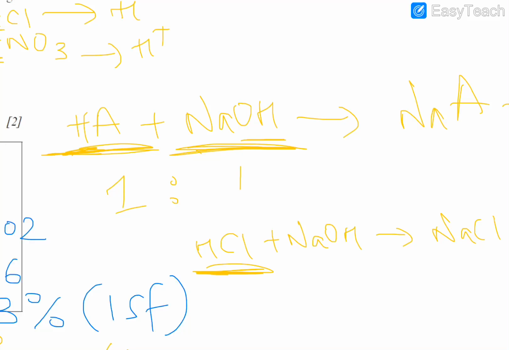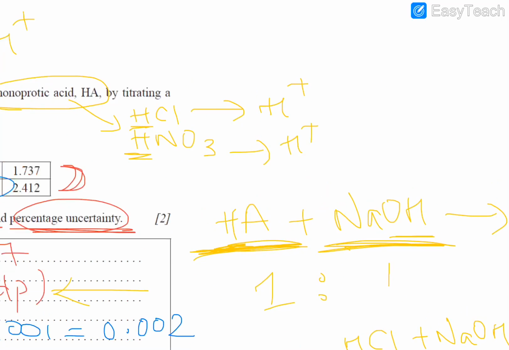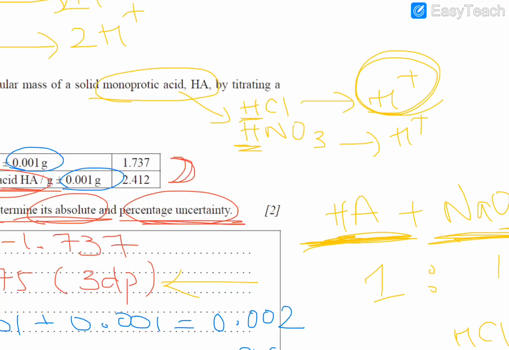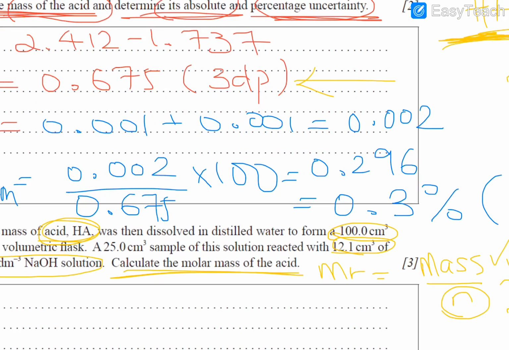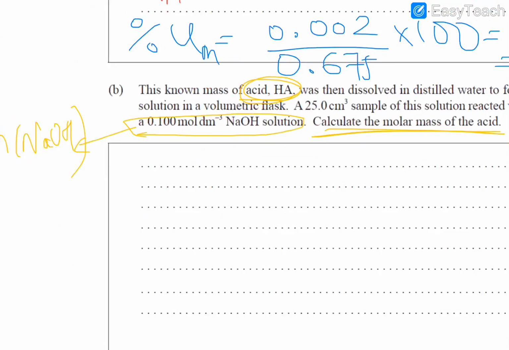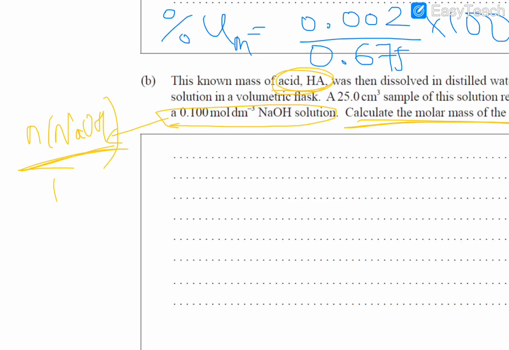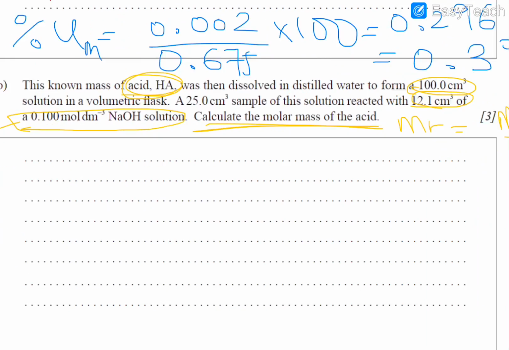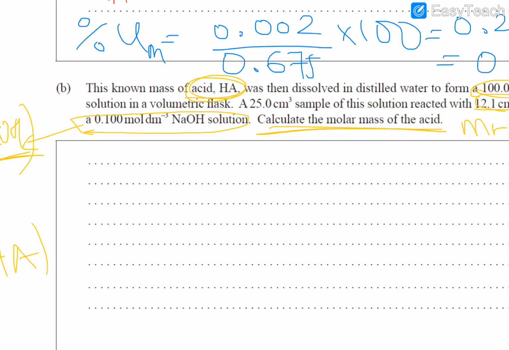Monoprotic acid produces only 1 mole of H+, which means that it's going to react in a 1:1 ratio. So if I have the number of moles of NaOH, I get the number of moles of acid. Okay, so let's work it out now.